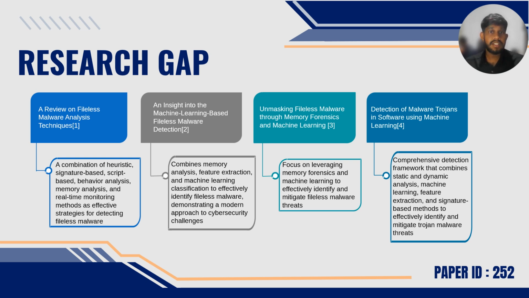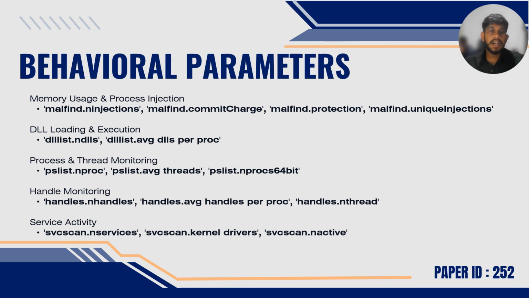Additionally, the framework must support real-time detection without overburdening system resources, ensuring that threats are identified promptly and effectively. To address this research gap, we have selected these behavioral parameters to detect fileless Trojans.